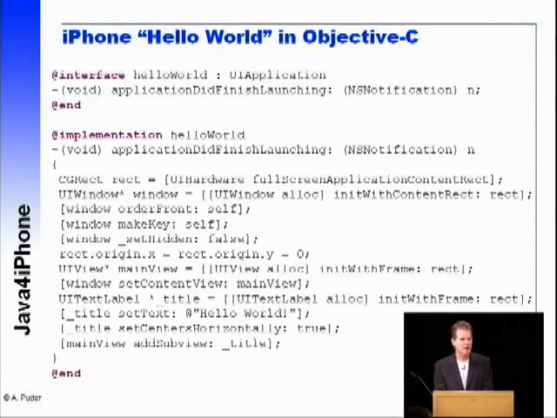If I just quickly walk through this piece of code, you first have to define an interface. If you want to write for the iPhone, you have to derive it from something called UIApplication, and you have to overload a method called applicationDidFinishLaunching. Of course, there's nothing that I came up with.